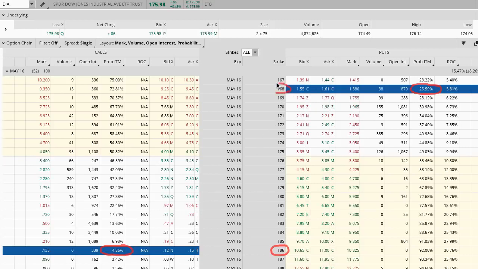Now our potential profit range has shifted a little bit higher. Originally, we were at the 183s on the call side. We've now moved those up to the 186. Down below the market, we were at the 164 strikes on the put side. We've now moved those up to the 168 strikes on the put side.